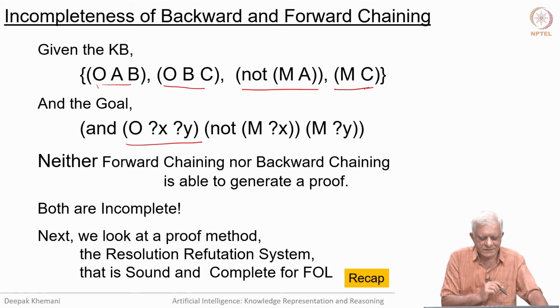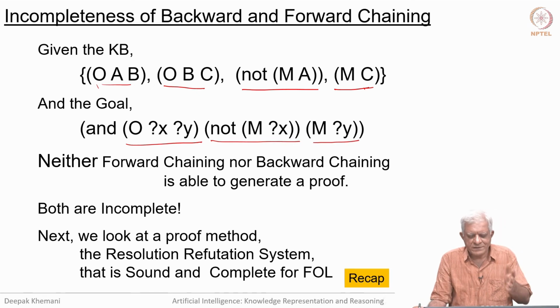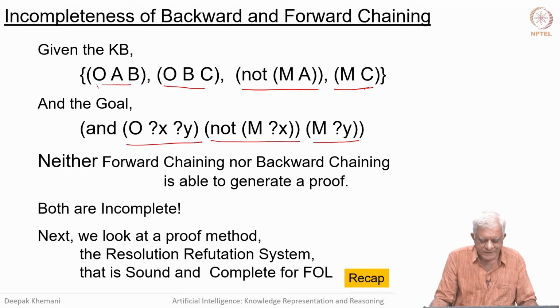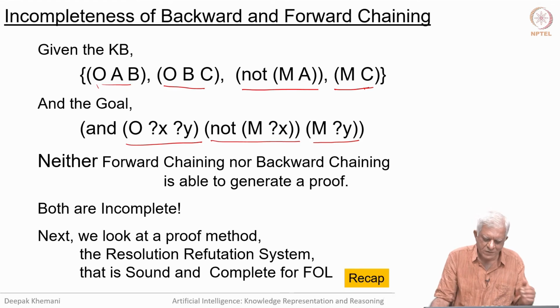Remember that these are existentially quantified variables such that x is not m and y is m and O between x and y. O is looking at: x is looking at y, or x is on y, depending on your interpretation. That was what we could not do then.